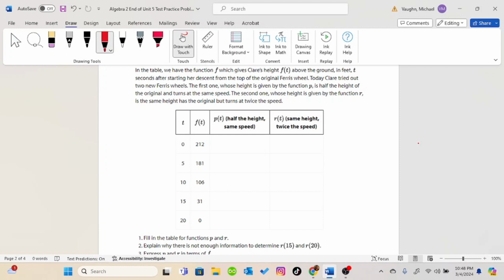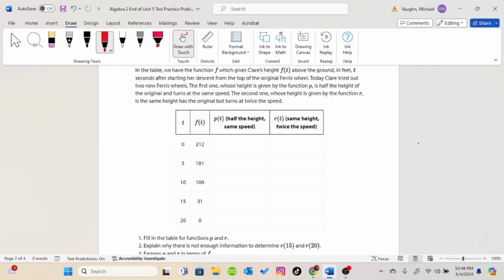The first one, whose height is given by the function p, is half the height of the original and turns at the same speed. The second one, whose height is given by the function r, is the same height as the original but turns at twice the speed.